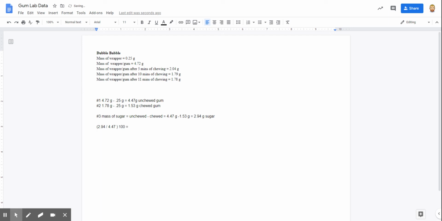Keep in mind sig figs: each number there has 3, so our final answer can only have 3. You should get 65.8% sugar. So this is going to be our actual amount, aka what we found in the lab.